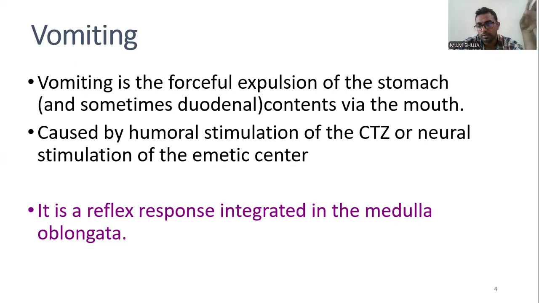The most important point here is that vomiting is a reflex response integrated in the medulla oblongata. The medulla acts like the coordinating center. It receives input from different sources, processes the information, and then sends motor signals to produce the act of vomiting.